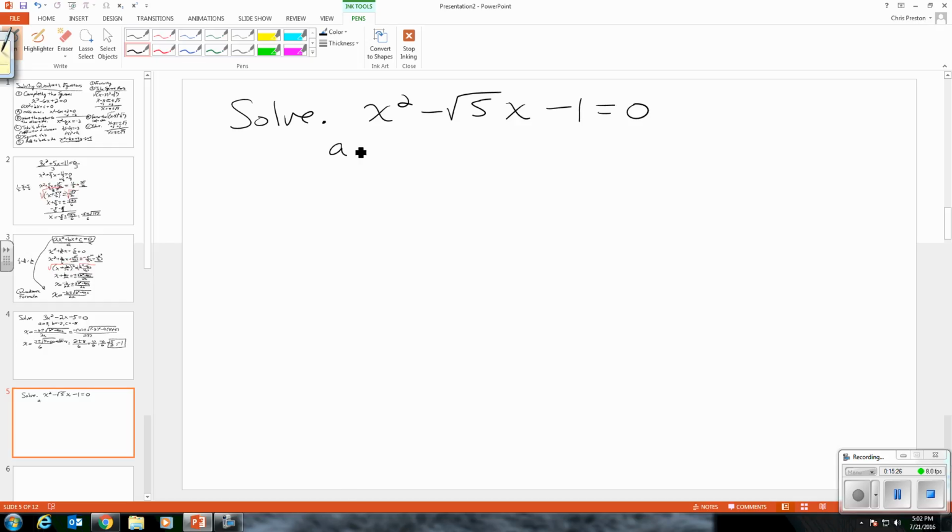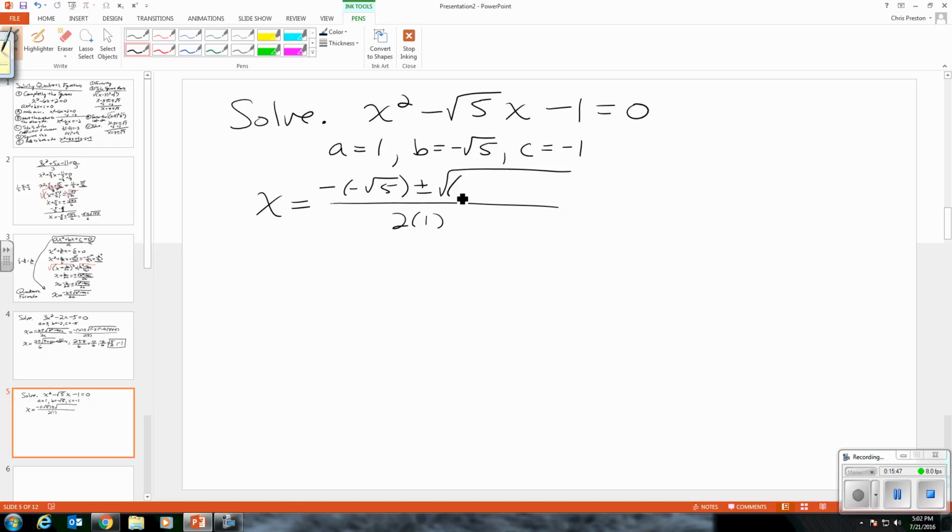So a is 1, b is negative square root of 5, and c is negative 1. And so I'm going to put that in my formula, so negative b, negative negative square root of 5, plus or minus the square root of negative square root of 5 squared, that's my b, minus 4 times 1 times negative 1, all over 2 times 1.